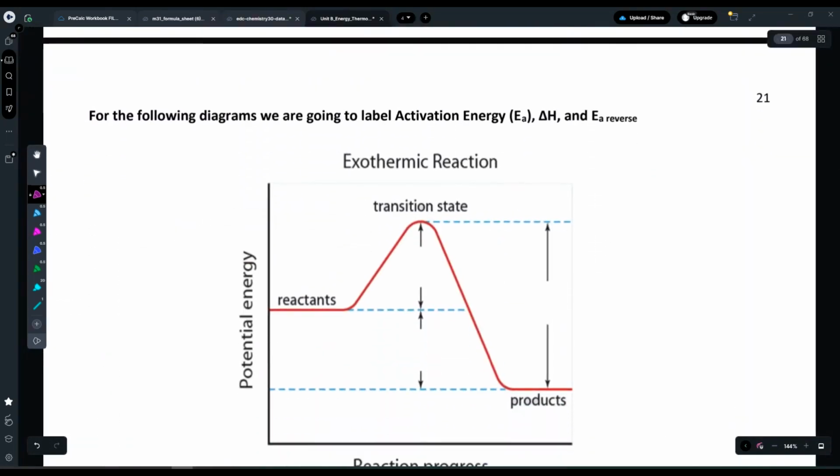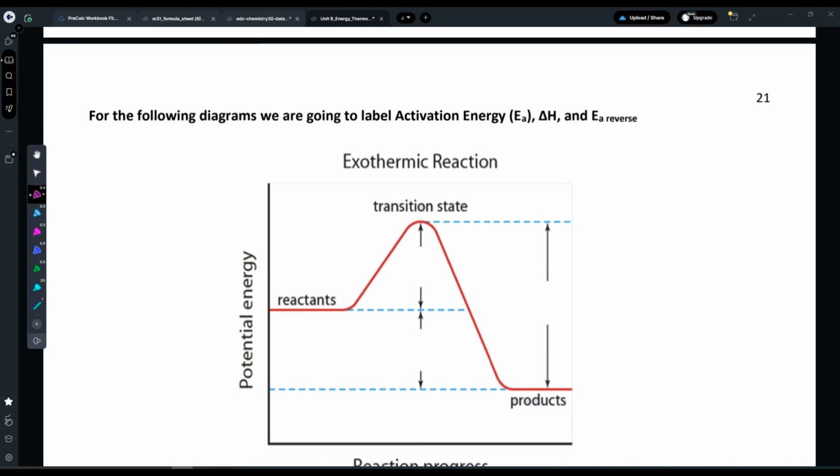Okay, so on this next page we're going to label where our activation energy, delta H, or change in enthalpy, and our activation energy for the reverse reaction are. For activation energy, we're assuming that's for the forward process.